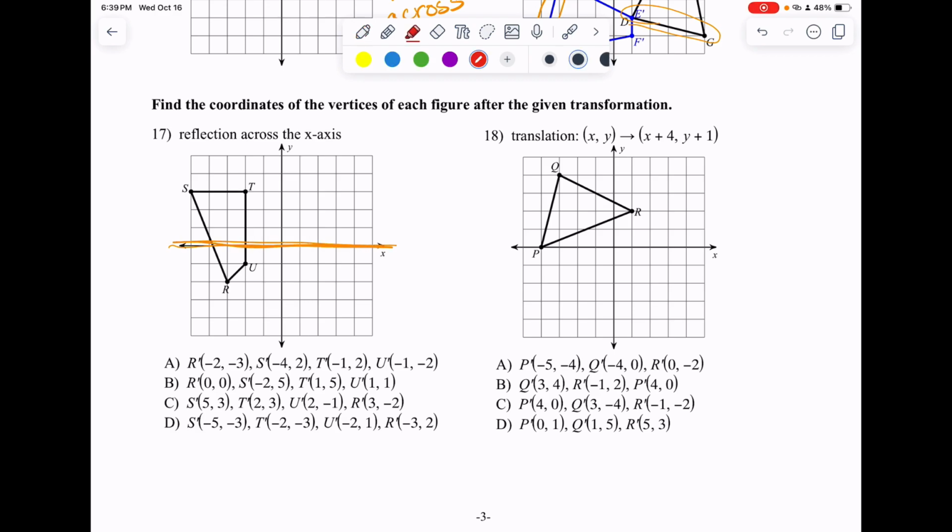So that means things like the T is going to go from 3 above down to 3 below down here. 1, 2, 3. The U was 1 below, is now going to be 1 above.